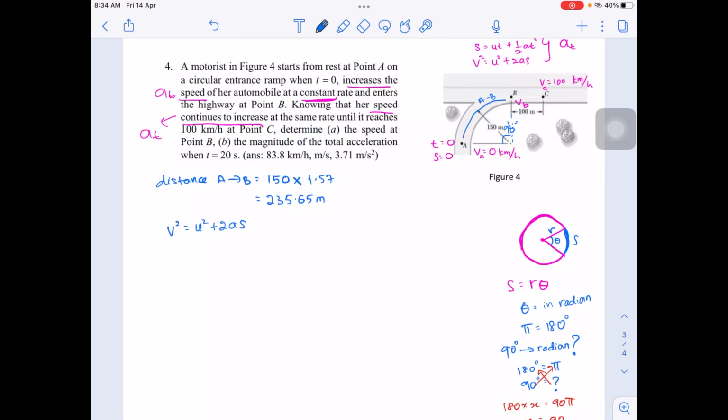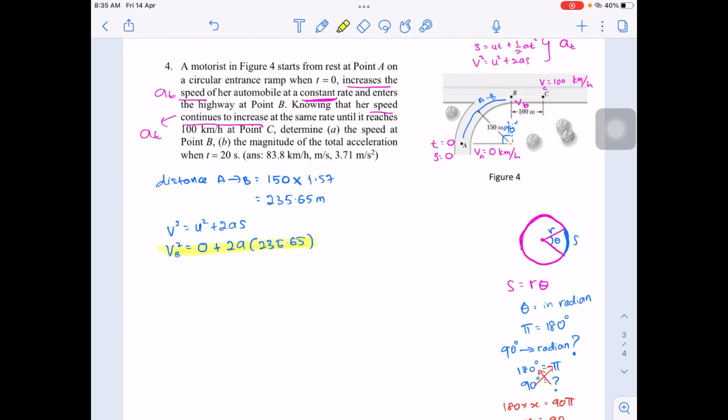V squared is equals to U is 0 plus 2A. A berapa? A tak tahu. S is 235.65, so this is VB lah. Kita KIV dulu equation ni sebab tak tahu A. So first you need to find A, acceleration.